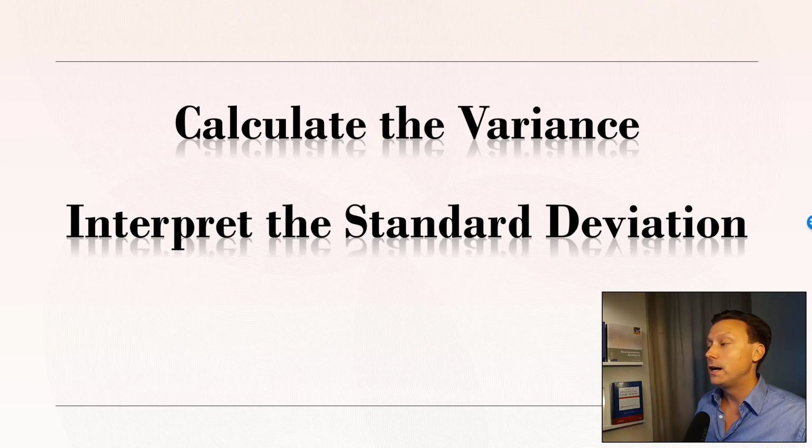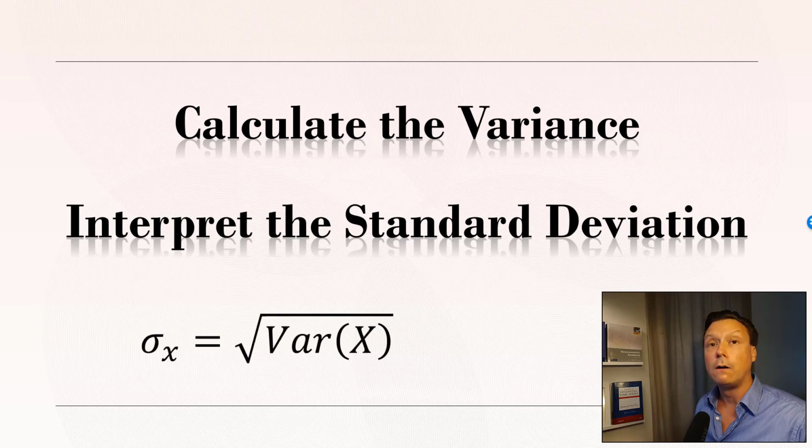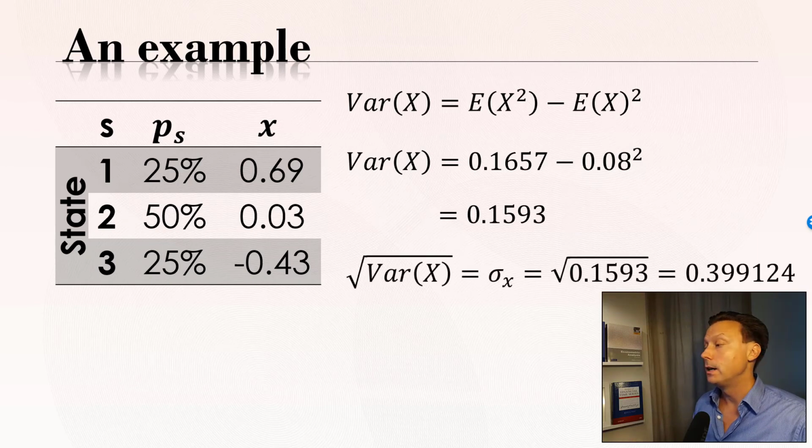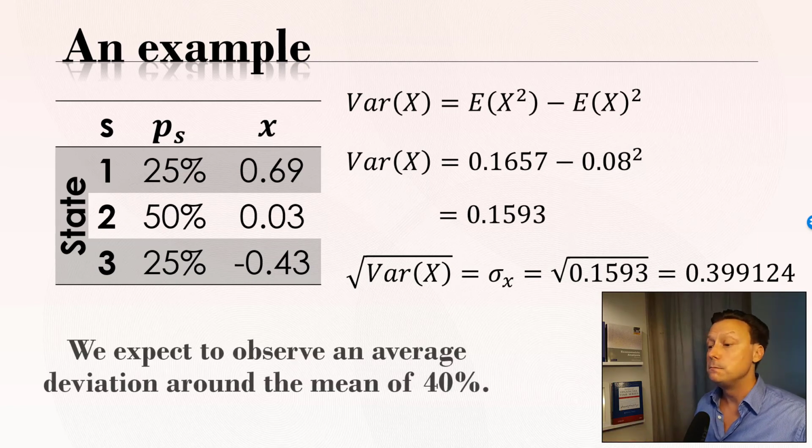And it's very easy to find if we have the variance, because the standard deviation is just the square root of the variance. So as a last step, we just need to take the square root of the variance. If we do that, we find that the standard deviation is around 40%, which means that we expect to observe an average deviation around the expected value of 40%.